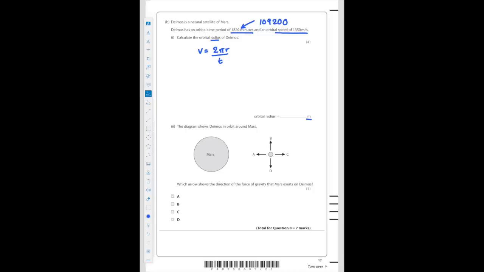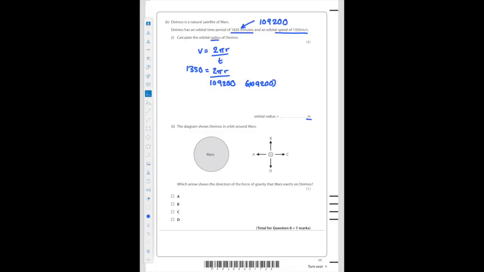Then we're going to write this equation, v equals 2 pi r over t. So v stands for orbital speed, r is for the orbital radius, t is for the time period, and it's a matter of substituting in numbers. So we know that the orbital speed is 1,350, 2 pi, we're looking for r, we've worked out the time period is this number. So how do we get rid of that 109,200? You have to times both sides by it. So times by that on both sides.